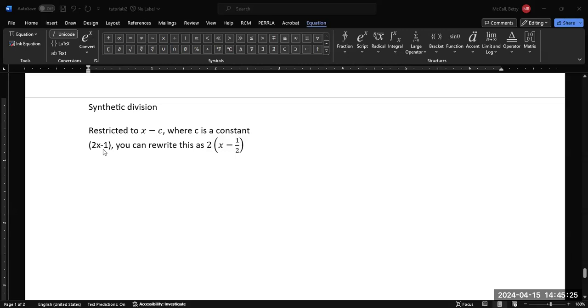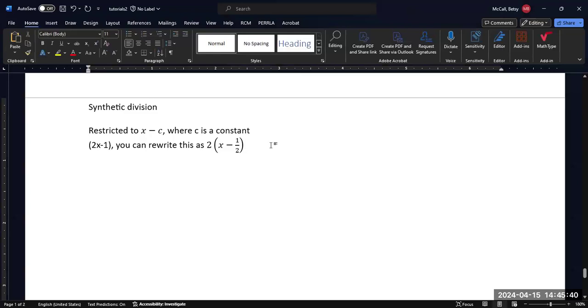But you can't actually divide by even a linear factor like this. It strictly has to be, for this process to work, a linear, no coefficient x and a single constant afterwards.